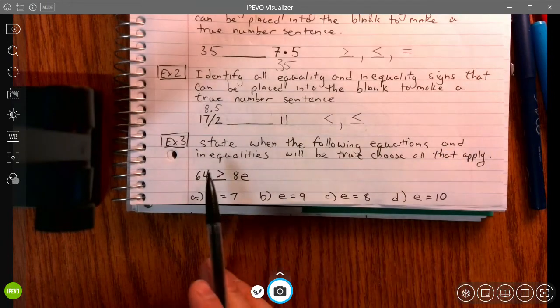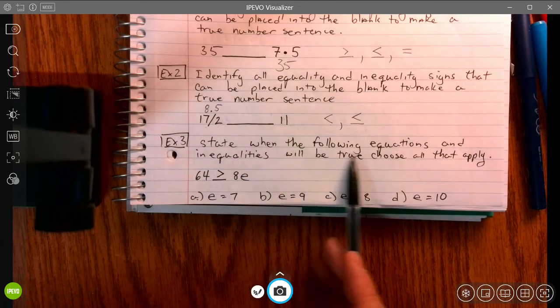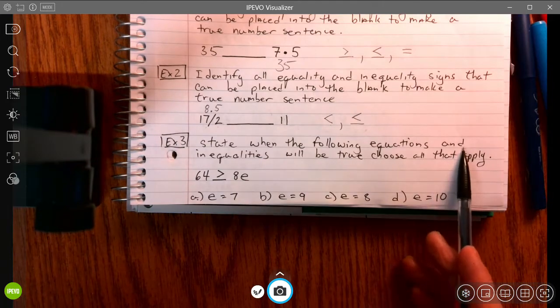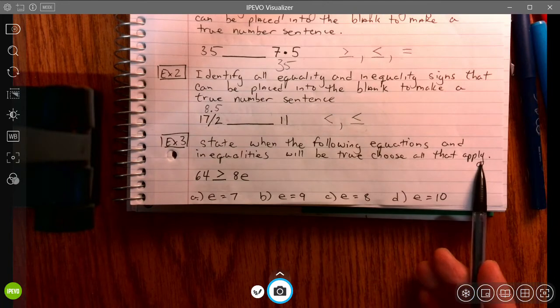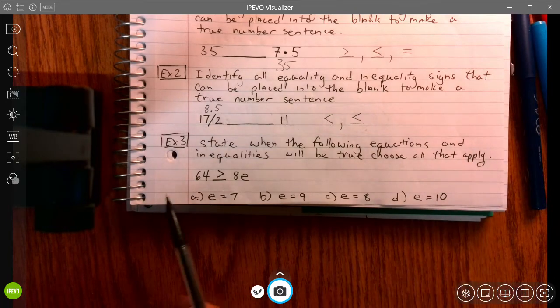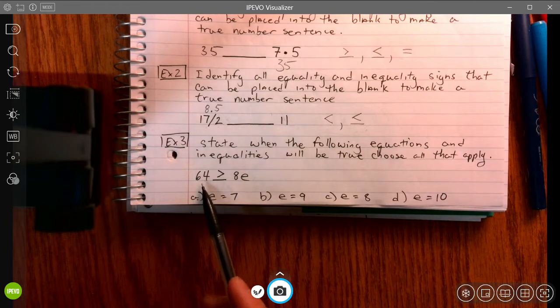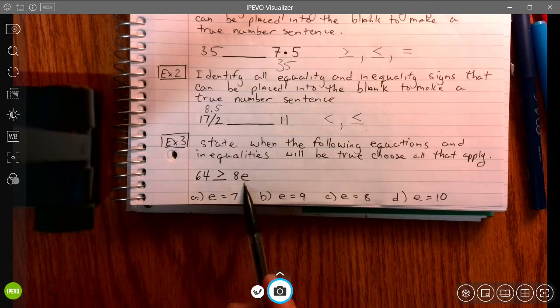All right, lastly, state when the following equations and inequalities will be true. Choose all that apply. What I have here is an inequality statement, and it says 64 is greater than or equal to 8e, or 8 times e.